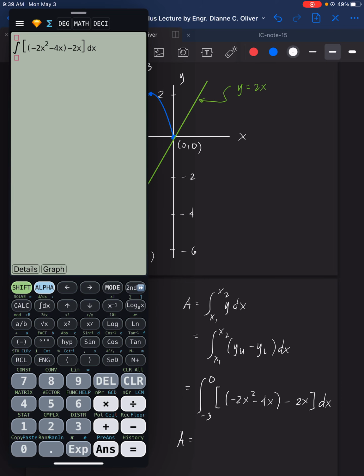Limits are negative 3 to upper limit 0. So the answer here is 9 square units.